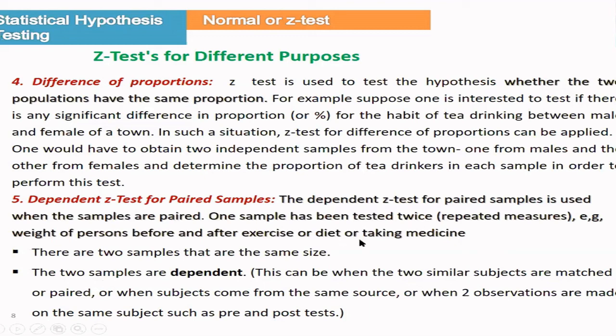This is called the dependent Z test. They are normally called matched or paired. There should be paired data coming from the same source but twice. This is called paired, or maybe pre or post test. When data is coming before, it is called pre, and after, it is called post. So we can also use Z for the dependent or paired sample test.